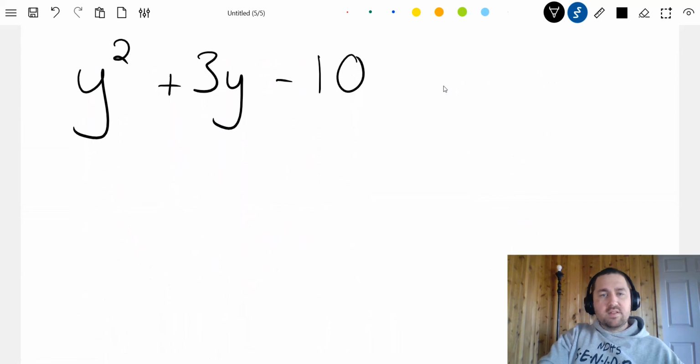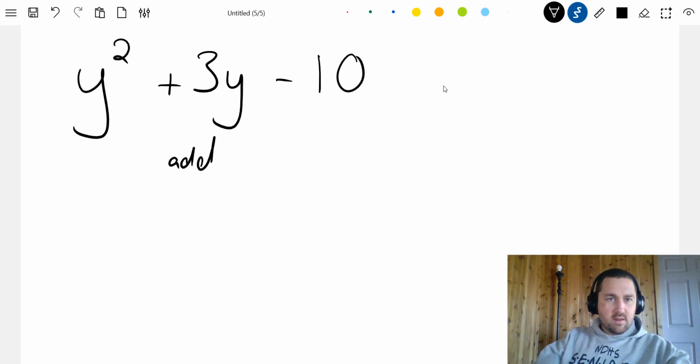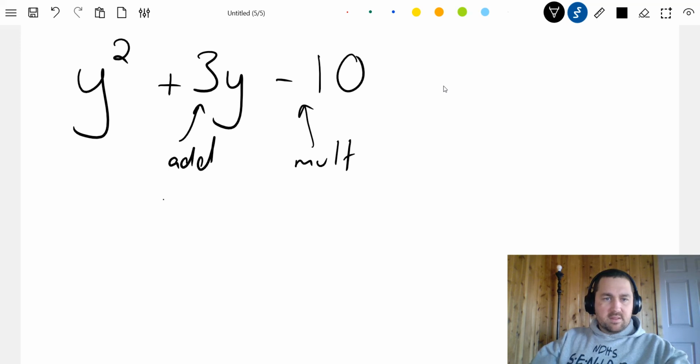Y squared plus 3y minus 10. Okay, so I'm going to factor this. I'm thinking to myself, I need to add to positive 3. I need to multiply to negative 10. Maybe I'm going to make a little table again. So negative 10, 1 and negative 10.